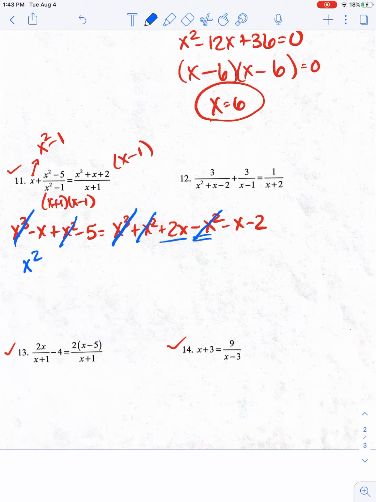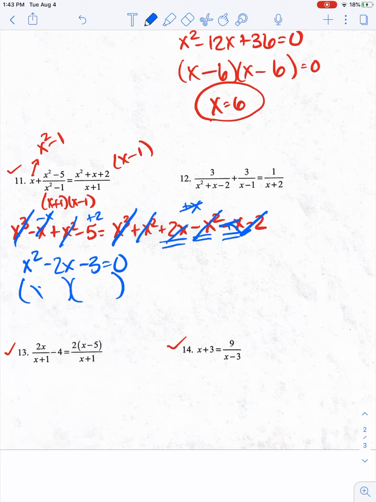So he's been moved. This and this are a positive x, which I'm going to subtract over to here. And that's going to give me a minus 2x. So that's that, and that, and that, and that. And then I'm going to add the 2. Okay. So there it is, all cleaned up.